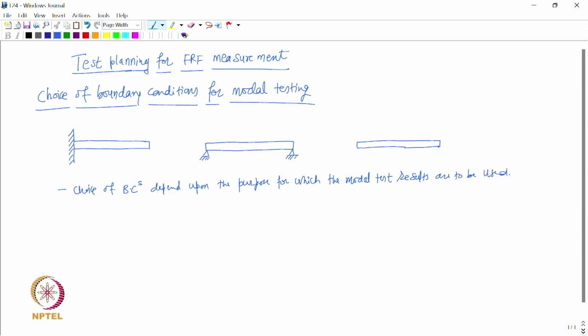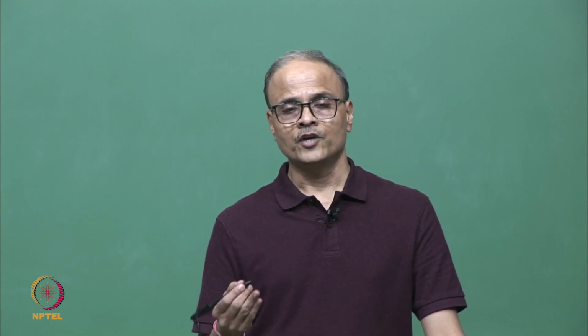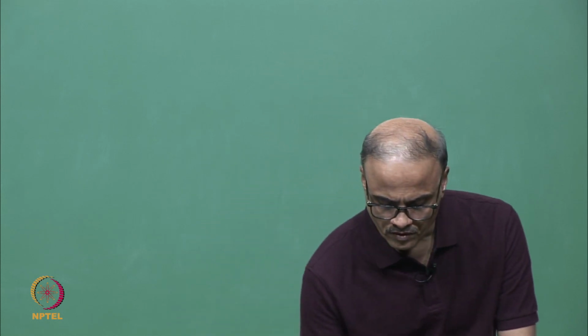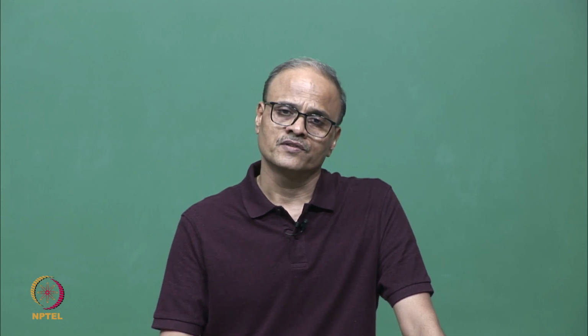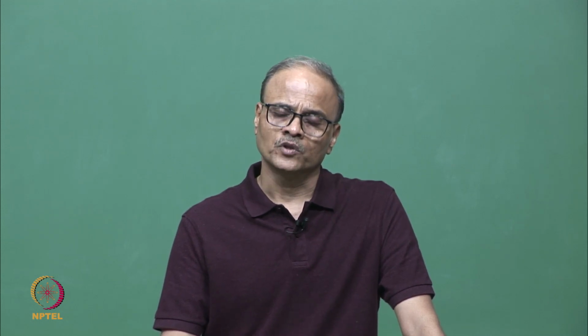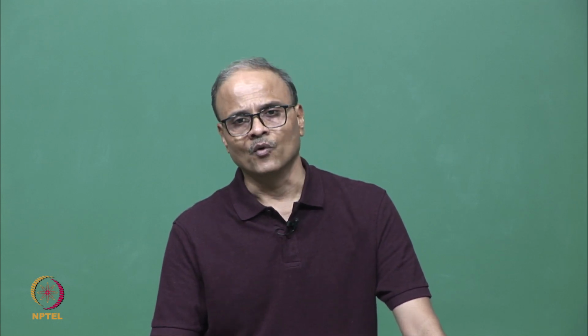One type of boundary condition under which the testing can be done is testing under actual boundary conditions. In many cases, the purpose of the modal test is to determine the system's natural frequencies, so that resonant operation of the system or structure can be avoided.